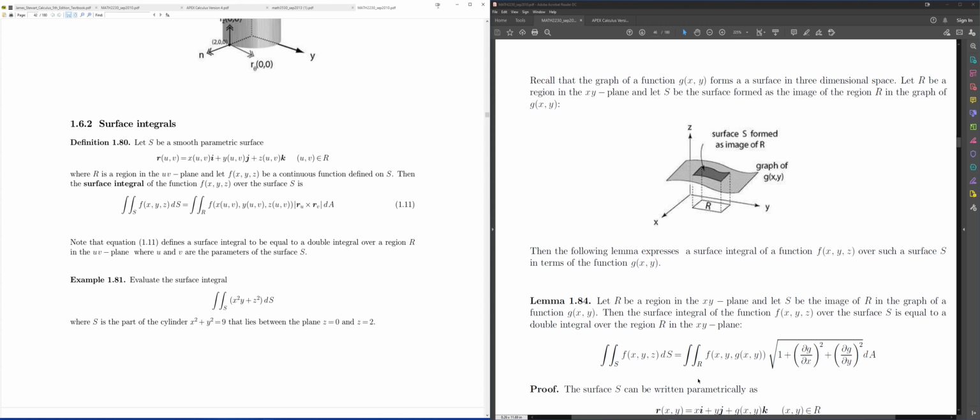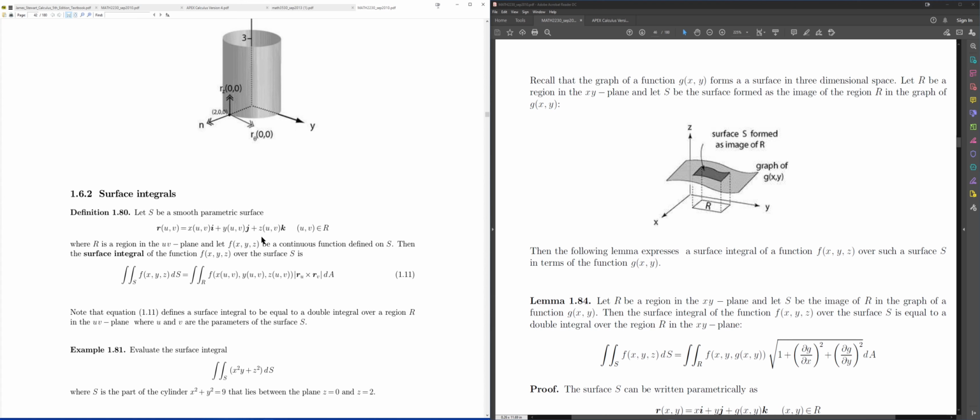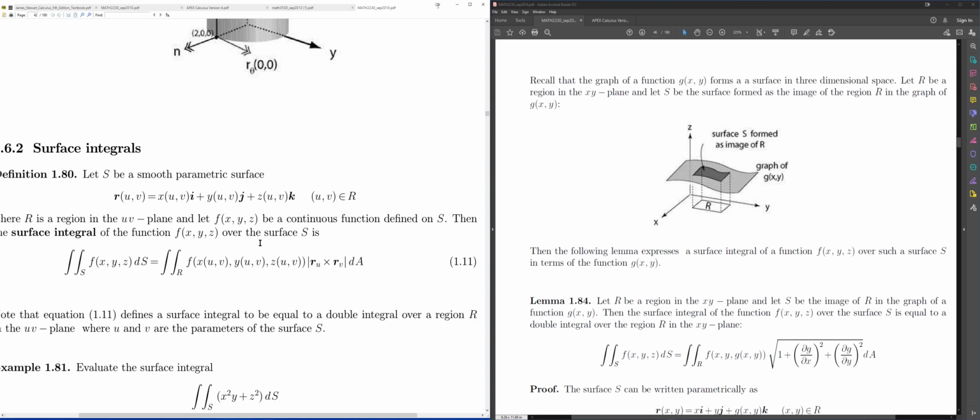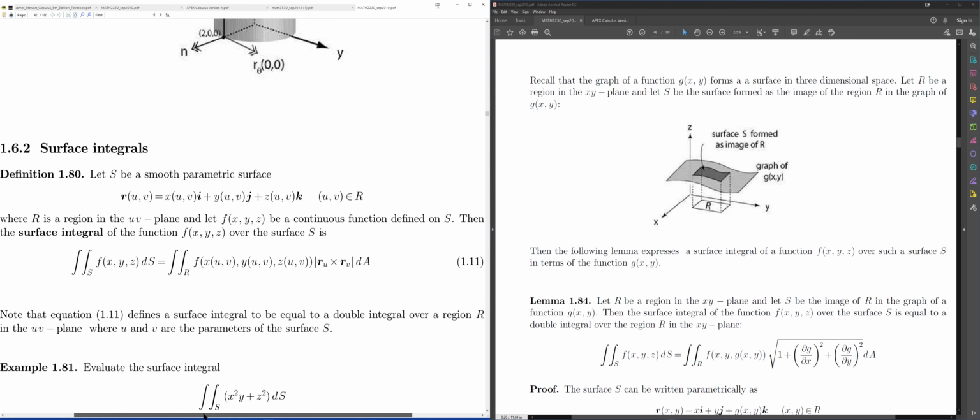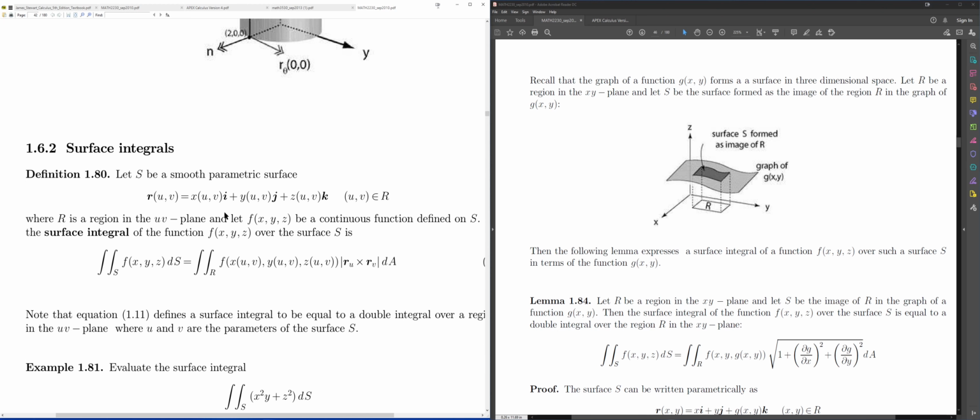And in a sense, this is somewhat easier, because the formula here, when you're working it out for a parametric surface, takes a certain amount of work. You'd need to work out the r_u, the r_v, get your cross product, and then take the magnitude of it and so on.